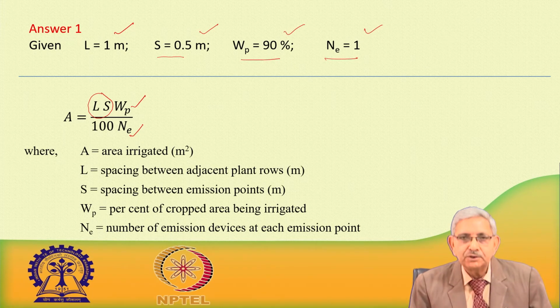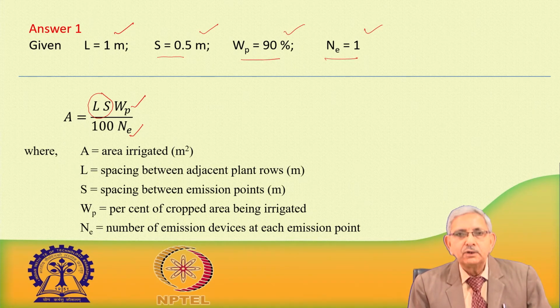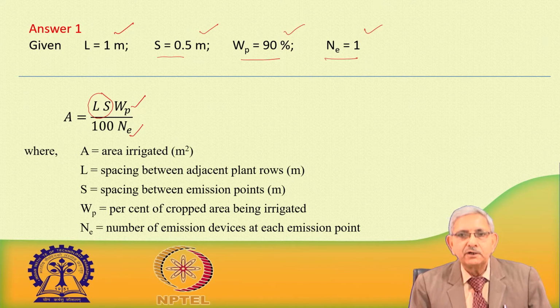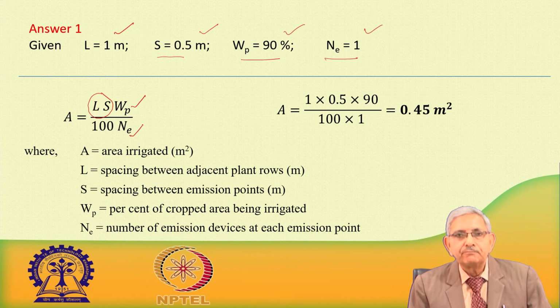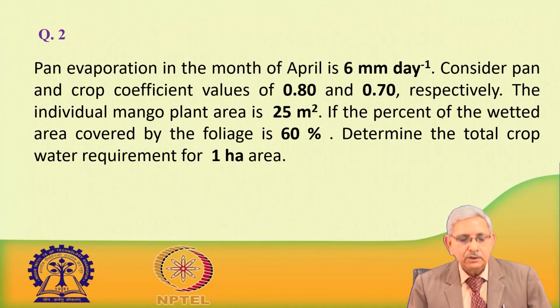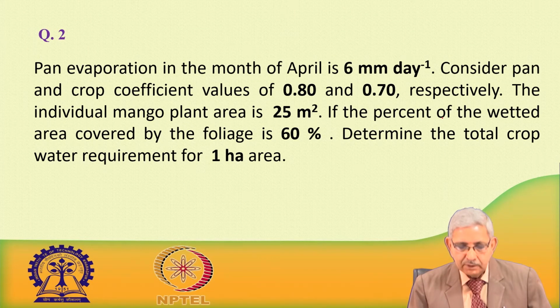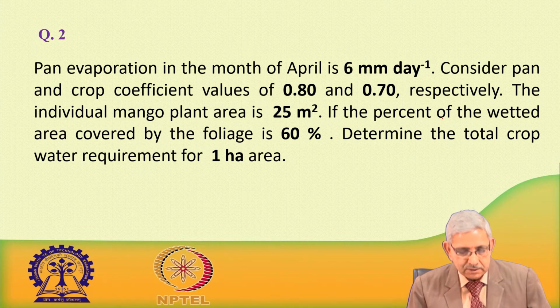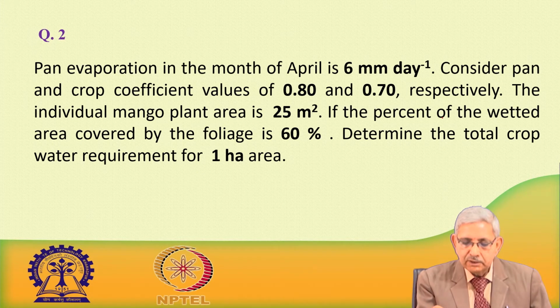Substituting these values, we can find the area irrigated by a single dripper. After substituting the values, it is coming to 0.45 square meter.